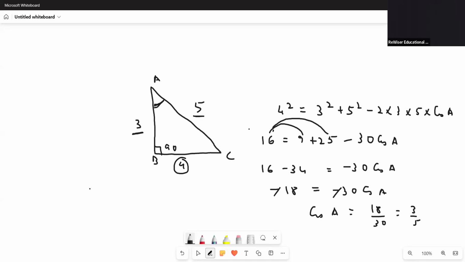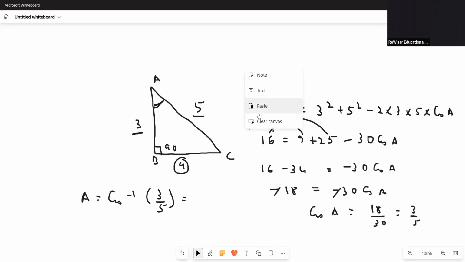If I now need to get the magnitude of A, we can simply write cos inverse of 3 by 5, put it into the calculator, and we get the answer in degrees or radians, whichever is required. So this is how we use cosine rule to get any angle or any unknown side. If the angle is known, we can get the unknown side also. If three sides are known, we can get the unknown angle. So that's the application of cosine rule.